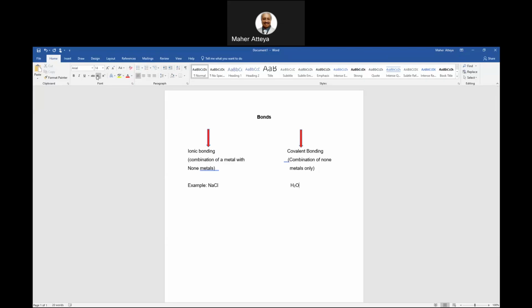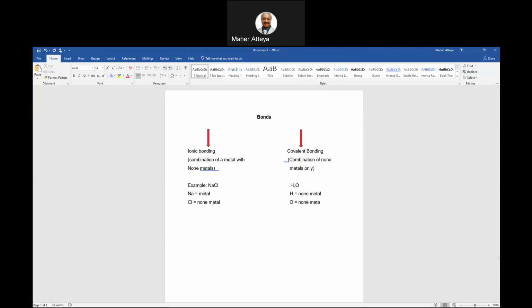Both are nonmetals, I apologize today. So sodium is a metal, correct? The chlorine here is a nonmetal. Hydrogen is a nonmetal, and oxygen is a nonmetal.